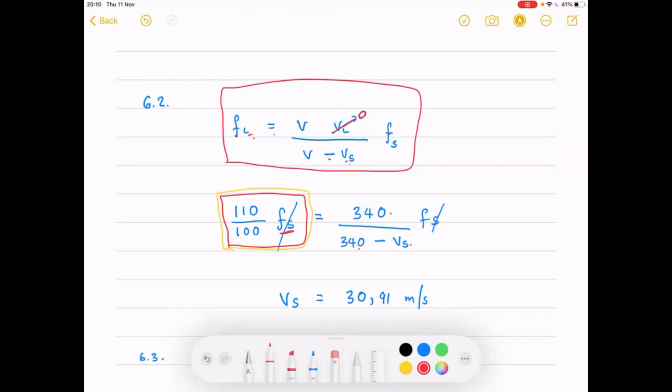That's how I get the value for the frequency of the listener. On this side, I still have the frequency of the source, so I can divide by the frequency of the source on both sides. That goes away, and I just have the numbers. The only unknown is vs, so I can solve for vs. I hope that was better.